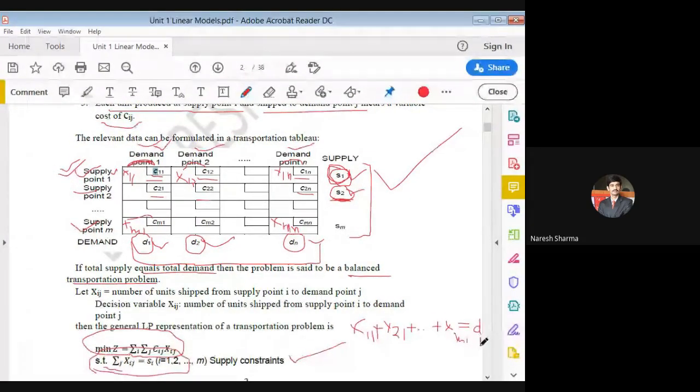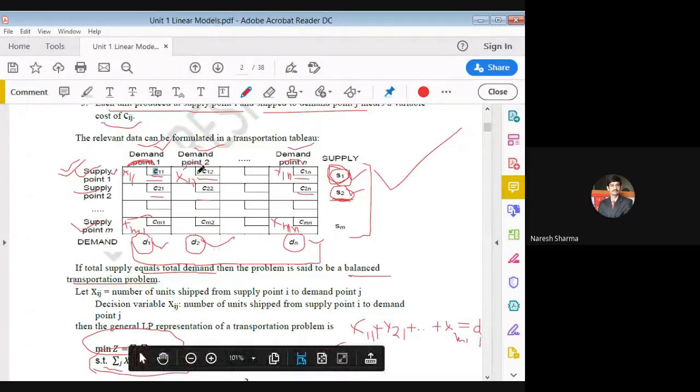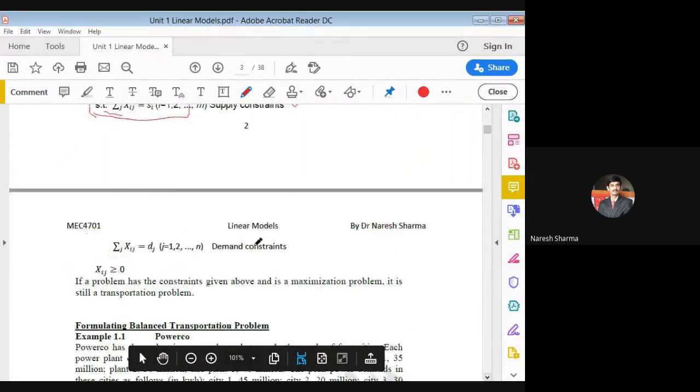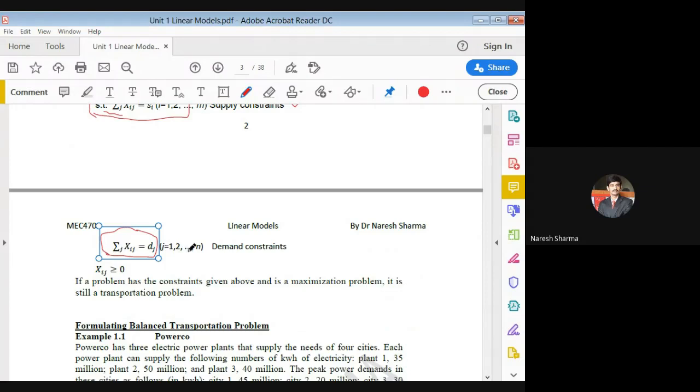Similarly for the second column and third column, we get the demand constraint, that is the total sum of column-wise units is equal to D.